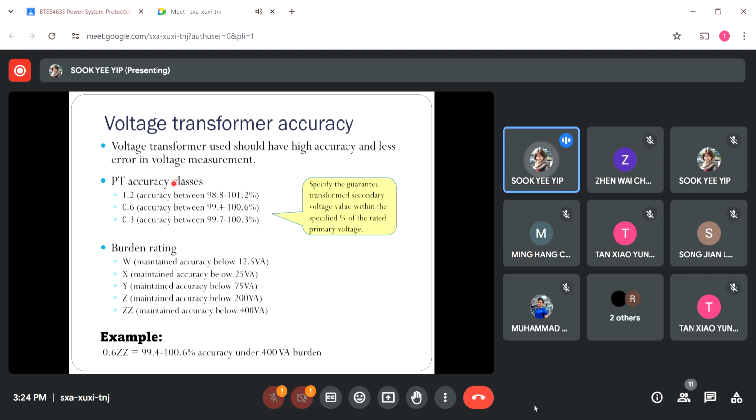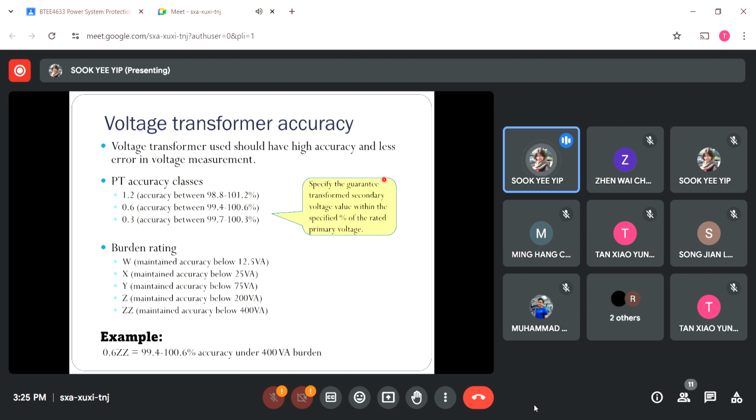All right, so voltage transformers are classified according to accuracy class and burden rating. PT, the potential transformer, is another name for voltage transformer. The PT has 3 different accuracy classes, and these are defined by the IEC standard.